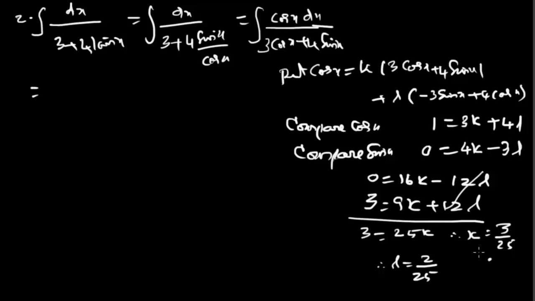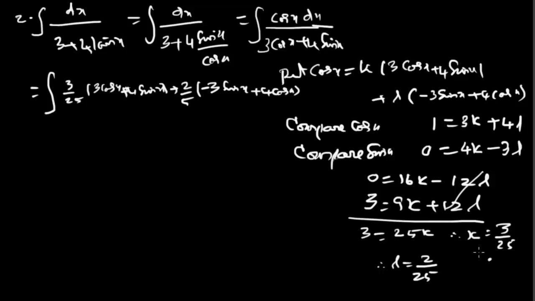So the problem is equal to the integral of 3 by 25 into (3 cos x plus 4 sin x) plus 2 by 25 into (minus 3 sin x plus 4 cos x) into dx, divided by the denominator as it is, 3 cos x plus 4 sin x.